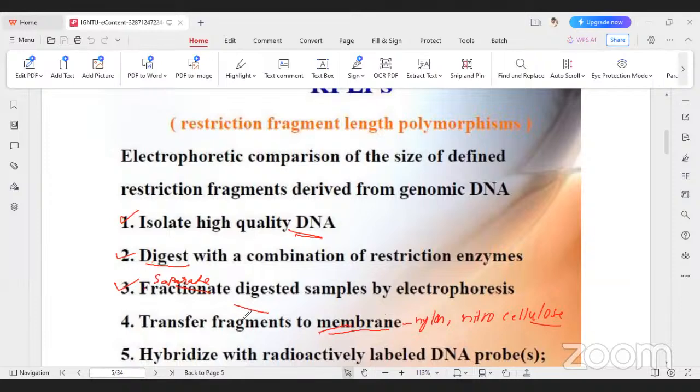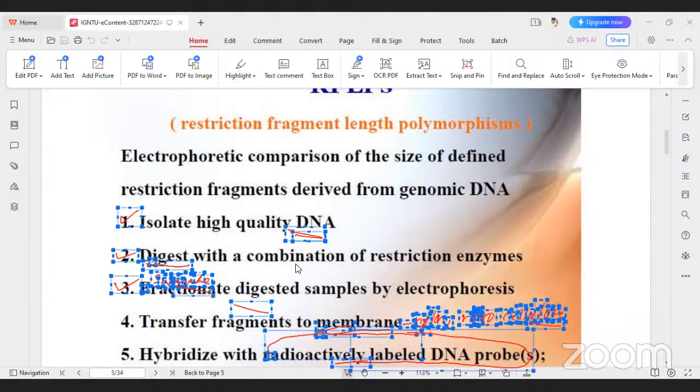After that comes visualization of specific DNA fragments using labeled probes. After transferring to the nylon nitrocellulose paper, add radioactive labeled DNA probes. After the DNA is separated, use a radiolabeled probe for identification. Now the final step is analysis of the result.